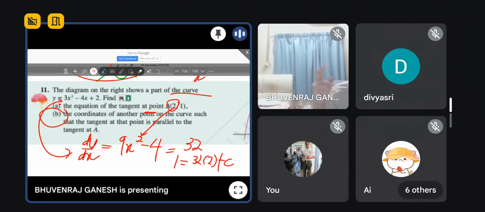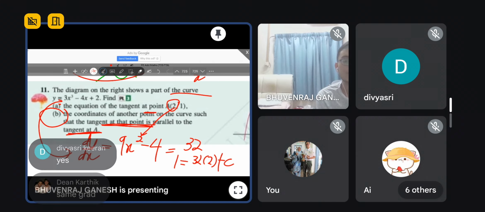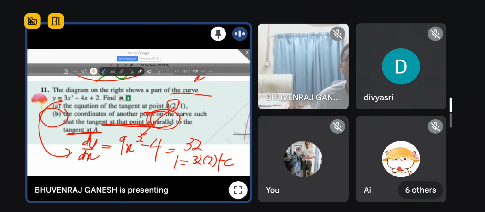Question B. So they want you to find the coordinates of another point such that the tangent is parallel to the tangent at A. Do you all get the meaning or not here? This one you must interpret a bit. Yes, whenever you see parallel, same gradient. So they say that the tangent at that point, this is the point you want to find out later, has a gradient equal to the tangent at A. Tangent at A gradient is 32.